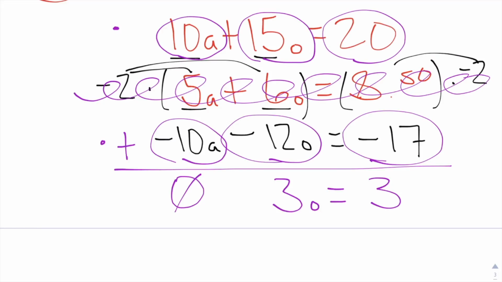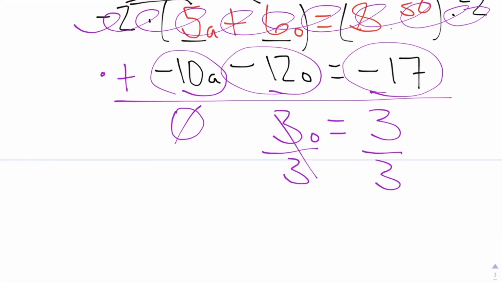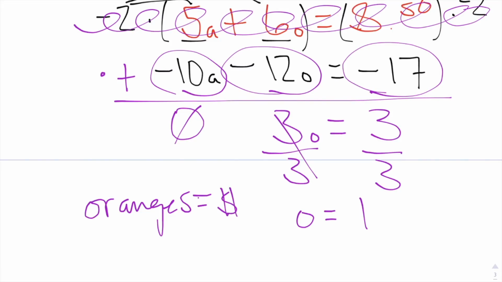Okay? All I did is work from the top down. Now we're going to divide by 3 on both sides. And oranges are 1. So oranges are $1.